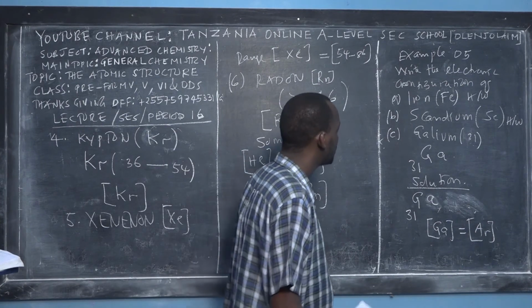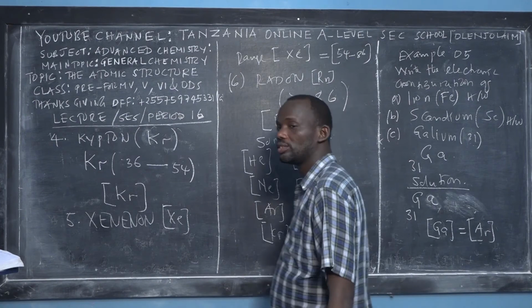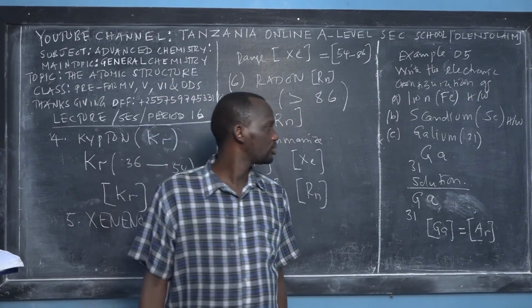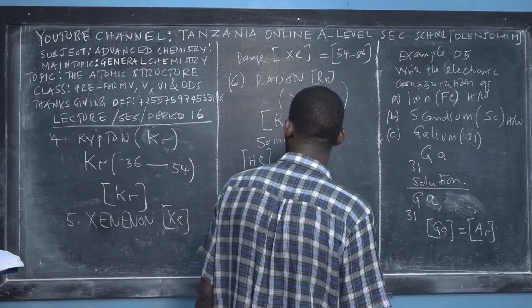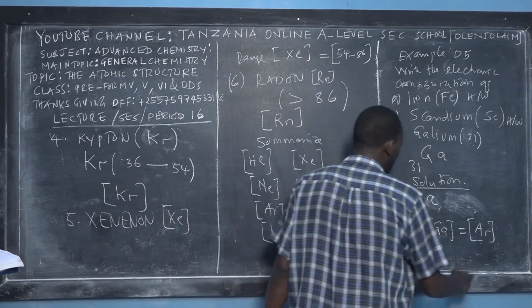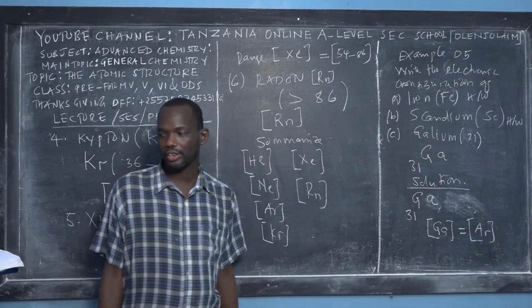If 13, you also have to know after argon, what is the next orbital? The next orbital is 4s, then 3d, then 4p.